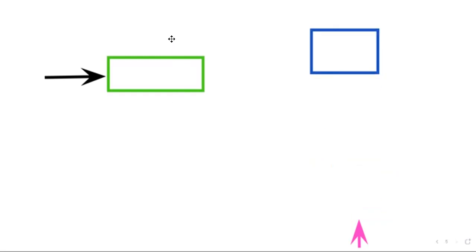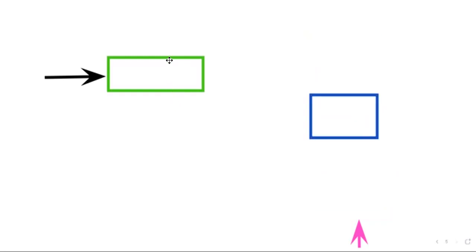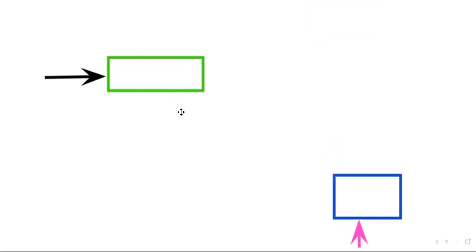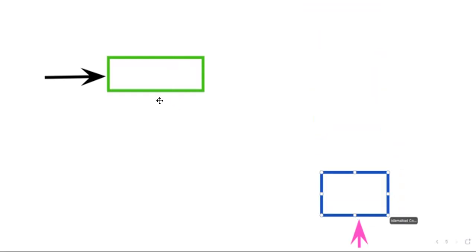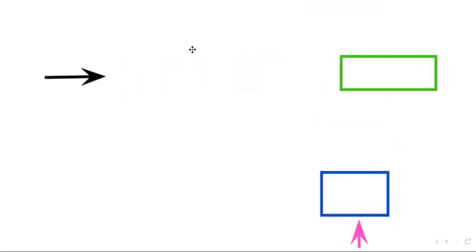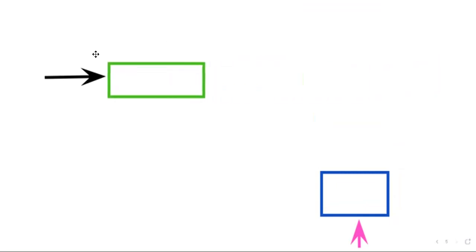This is gravitational potential energy, when the object is moving away from the earth's surface. And this is the case of kinetic energy, when the work done would become its kinetic energy.